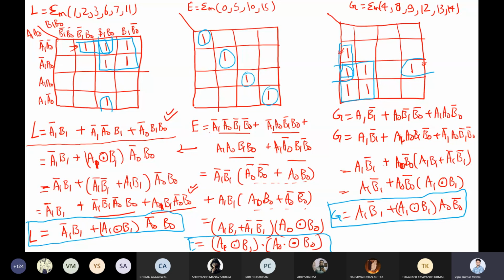Are you able to figure out some pattern? Yes, anyone? Not able to figure out any pattern? Okay.